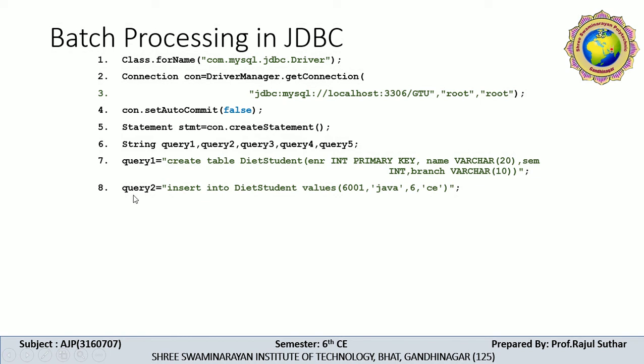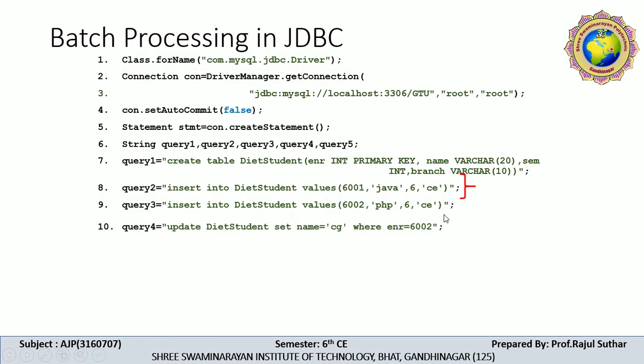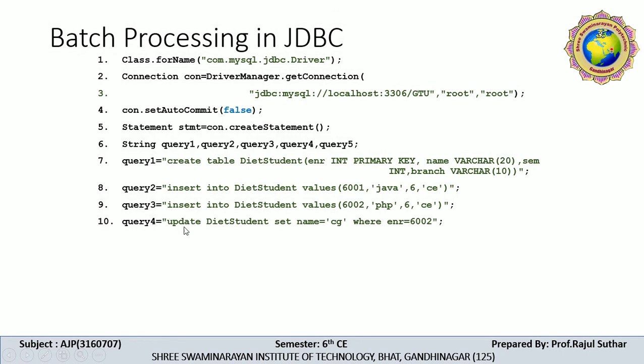So query 1, query 2. The second query is insert into diet, that is the name of the table, and values. Insert record, these two are records we are inserting. Third one, we are updating the record, so by using the update query, update diet set name CG where enrollment number is 6002.